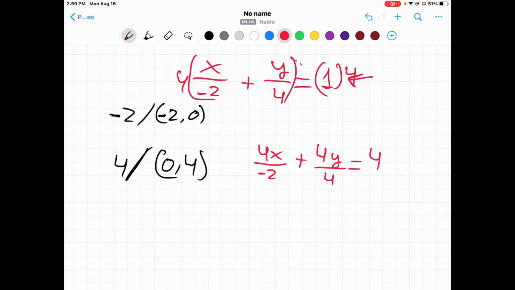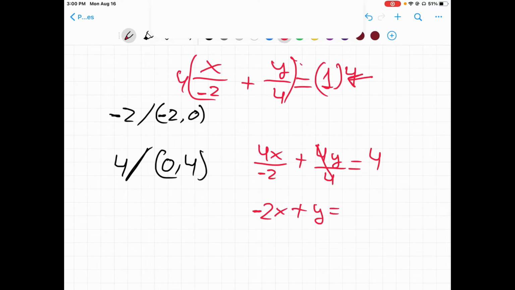Now, before we combine any like terms or do anything else, let's go ahead and simplify this. Negative 4 divided by negative 2 is negative 2, so negative 2x plus 4 divided by 4, they cancel out, plus y equals 4.